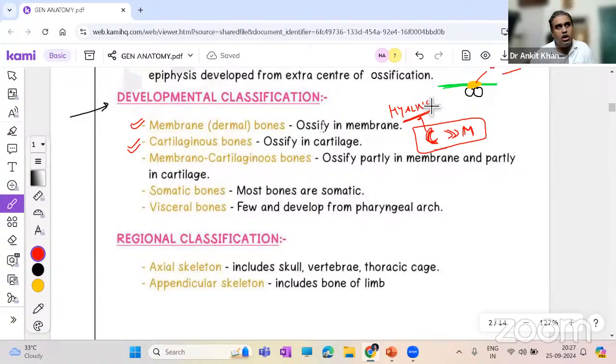So the majority of our entire skeletal system, which we see in an adult, was once in our embryonic life a hyaline cartilage. Only a few of the bones are membranous in origin.